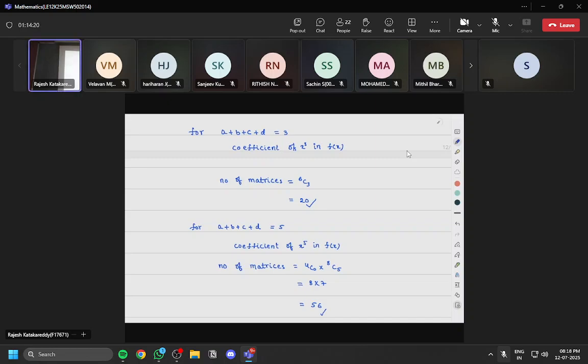Please take the whiteboard. See, in T1 we can substitute n equal to 1, we have matrix A belonging to the set with A square equal to identity.